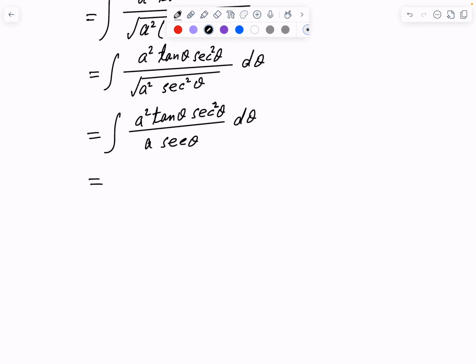We're left with a times the integral of tan theta secant theta d theta, and this equals a secant theta plus c, because the derivative of secant is tan theta secant theta. Therefore, the integral of tan theta secant theta is secant theta.